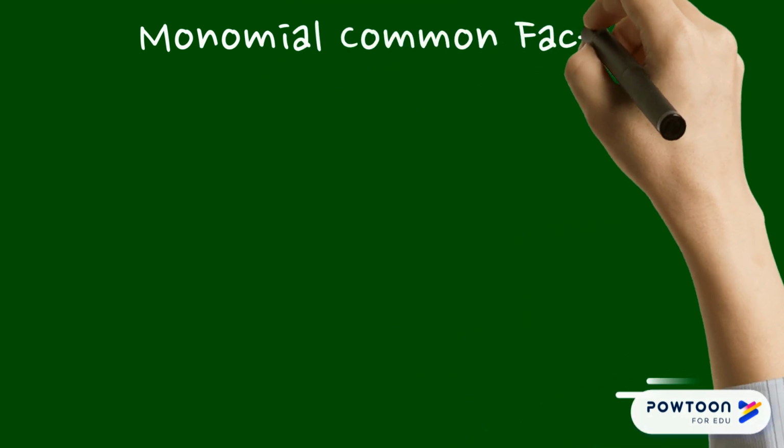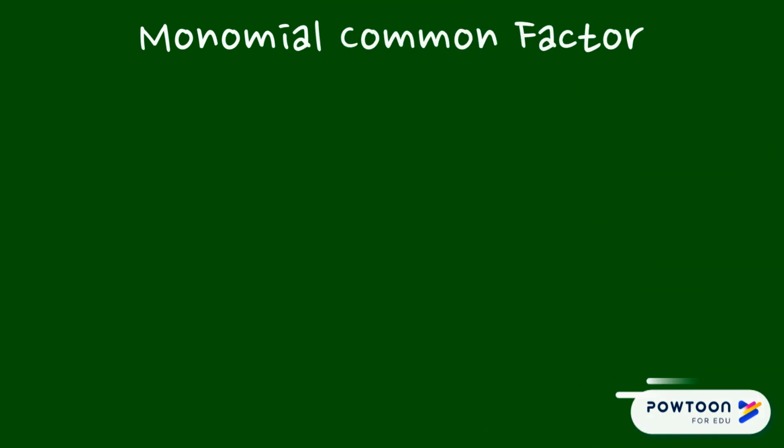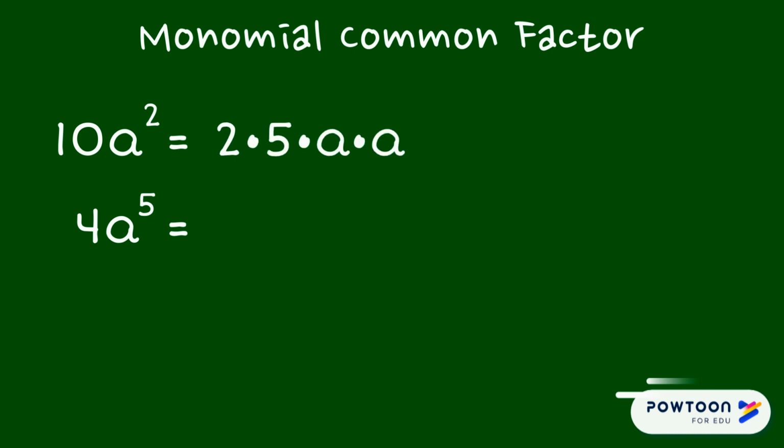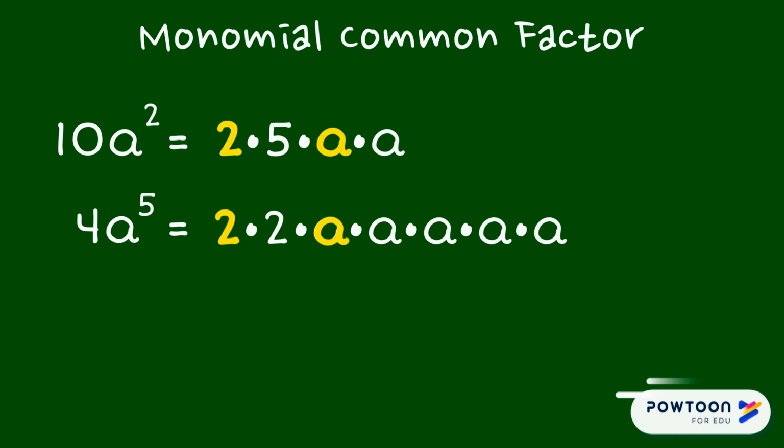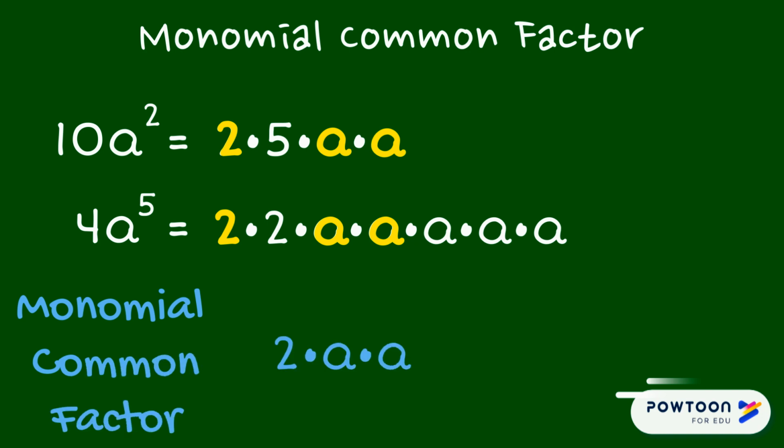The process is very similar when you need to find the monomial common factor of two or more monomials. If we write the complete factorization of each monomial and we find the common factors, then the monomial common factor will be the product of all the common factors.